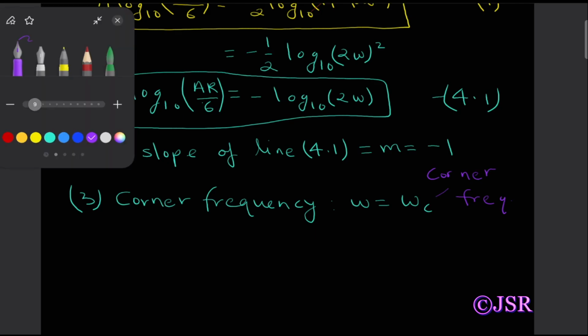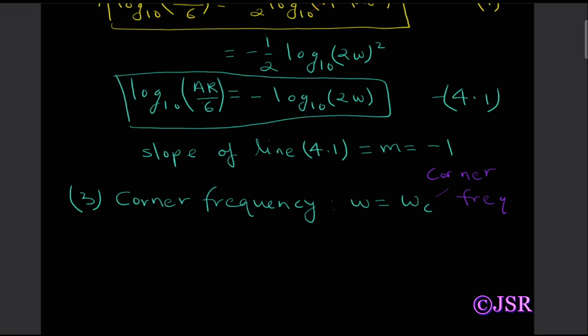So when omega is equal to omega c, we have omega tau, that is tau omega, equal to 1. It means omega c will be equal to 1 by tau, that is 0.5. So the corner frequency for this system is 0.5.